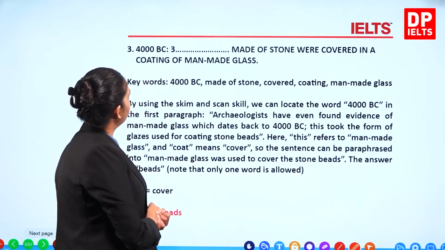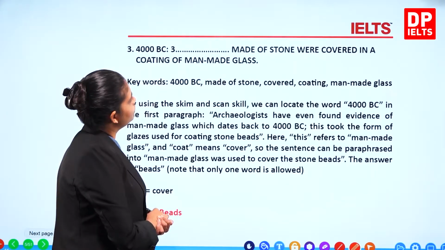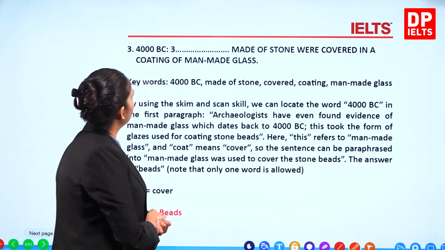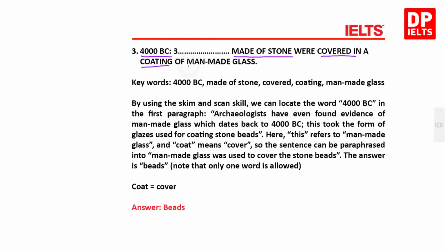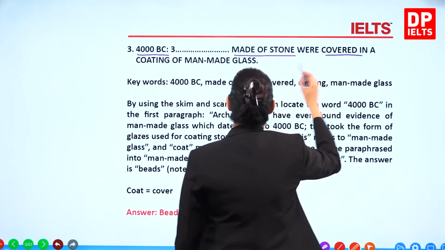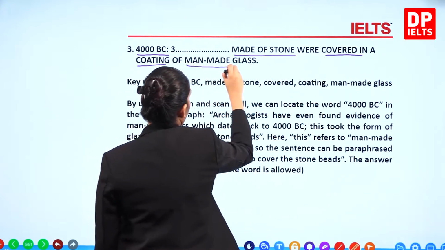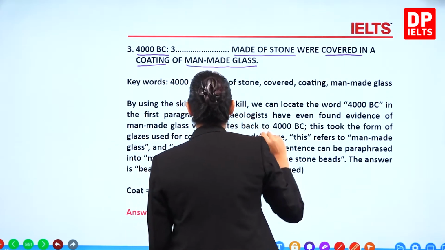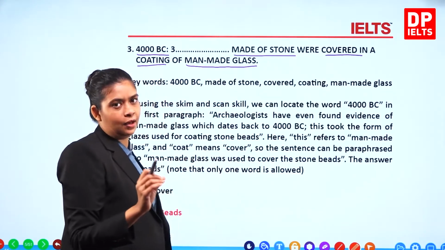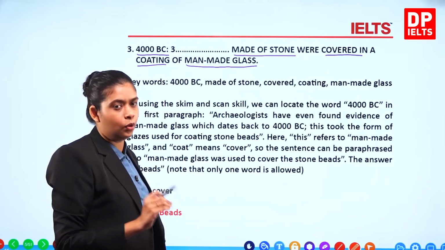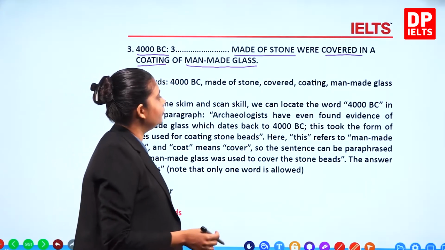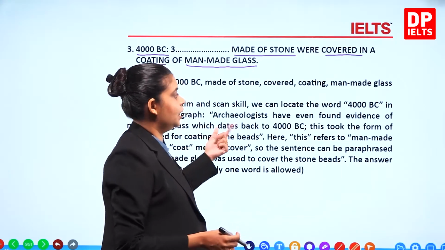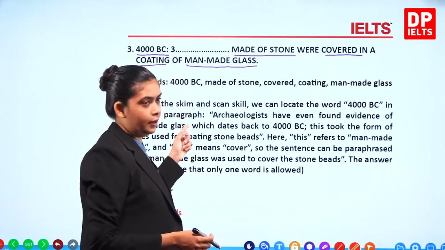Question 3: 4000 BC, blank made of stone were covered in a coating of man-made glass, right? Now, if you skim and scan well, use the techniques that I have taught you in our reading techniques, we can locate the words 4000 BC in the first para.